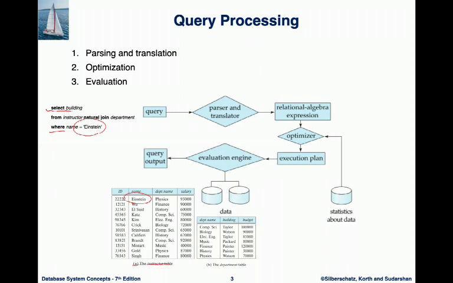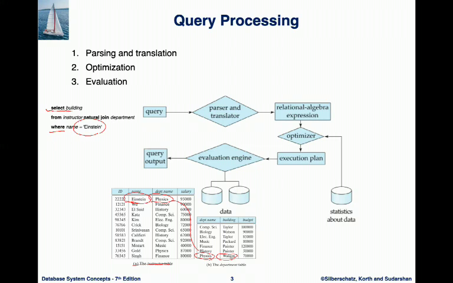However, this table does not include information about the building. So what is needed is we want to combine data from the instructor table and the department table. So Einstein is affiliated with the physics department, and the physics department is located in the Watson building. So by combining these two tables, we'll be able to get the information.